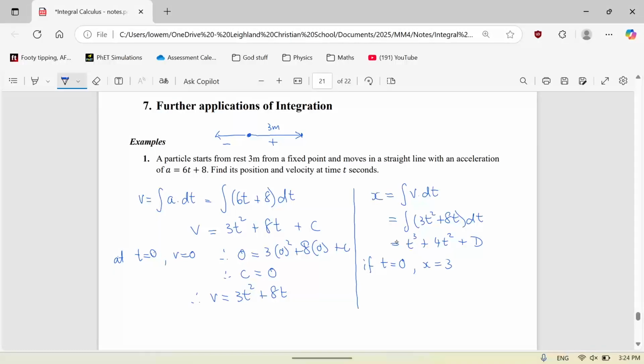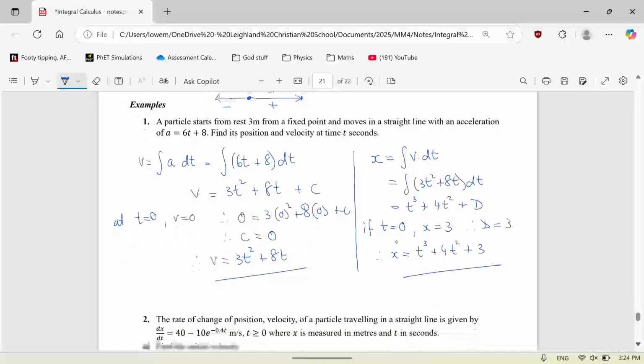If t equals 0, these two terms become 0, x equals 3, that means d must equal 3. So we can safely say that our position is x equals t cubed plus 4t squared plus 3. So we have our velocity and our position equations at time t. That's the principle we're working with here.